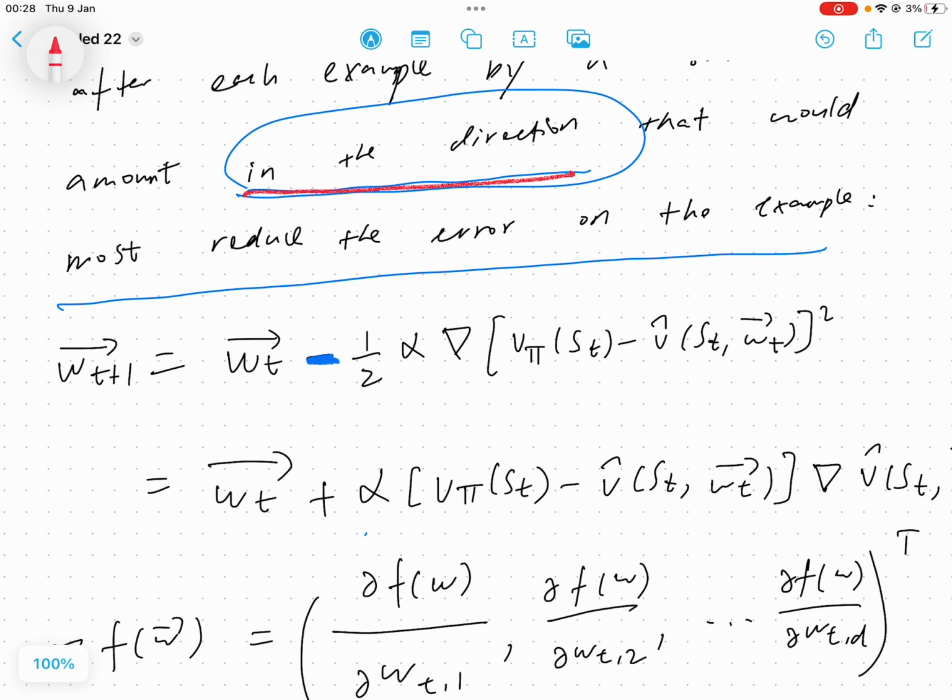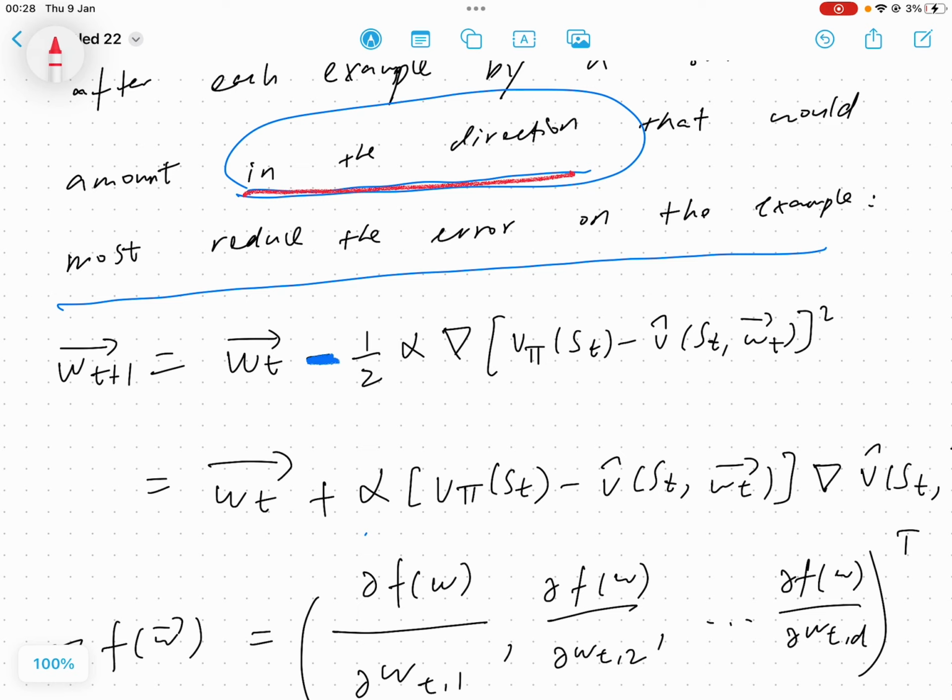The reason that we have the half is very simple. That's simply because we are going to take the gradient, or the partial derivative, of some square function, and we just use this half to cancel that, right?